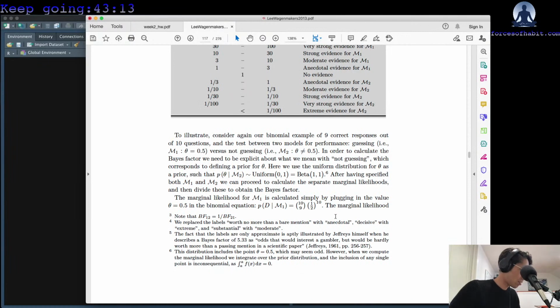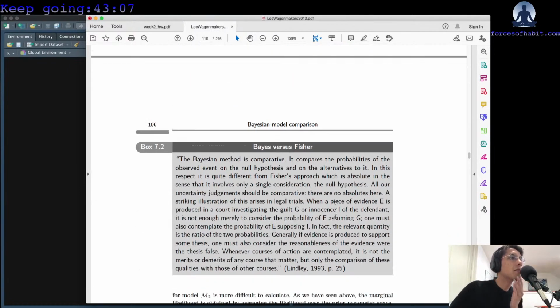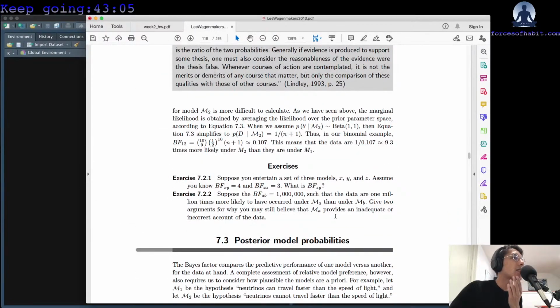Okay, let's see. Suppose you have the same three models. Assume you know the Bayes factor for X and Y is 4, and the Bayes factor for this one is 3.